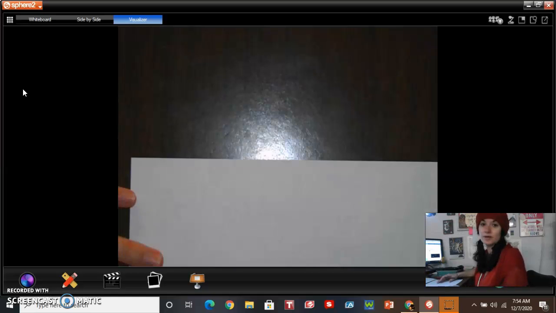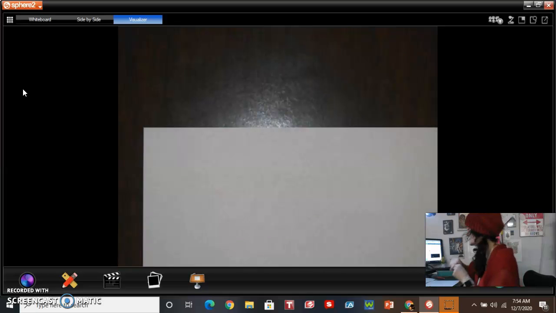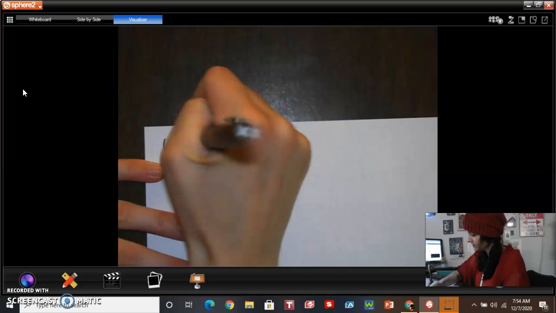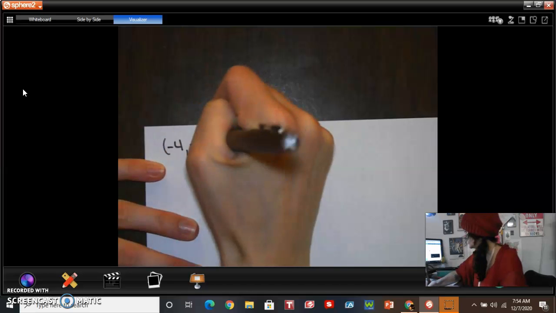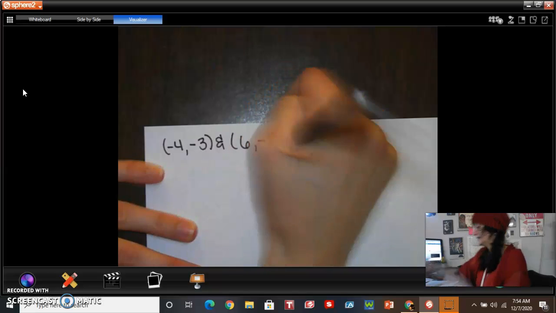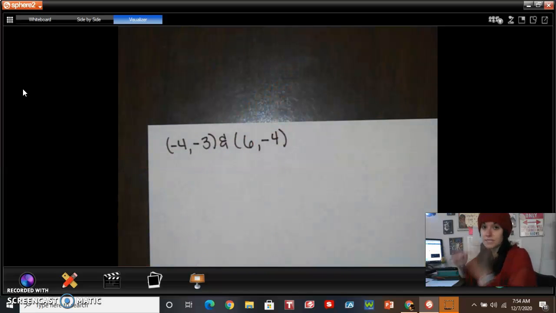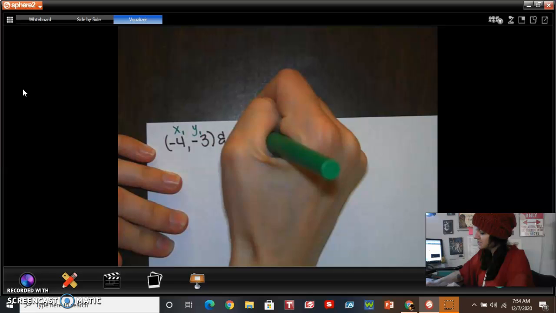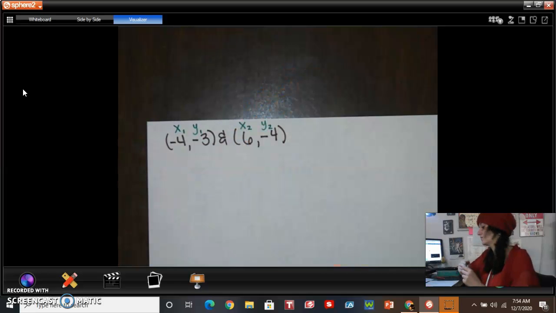All right. The next example I would like to do with you is us finding the distance of (-4, -3) and (6, -4). Right? Step 1, label your parts. So we've got x1, y1, x2, y2.